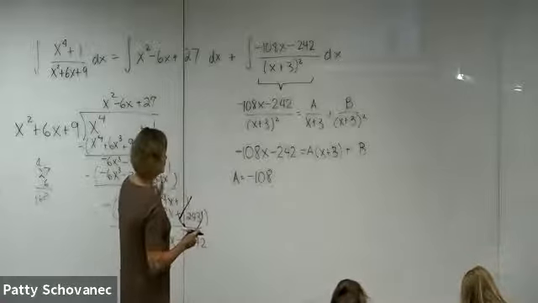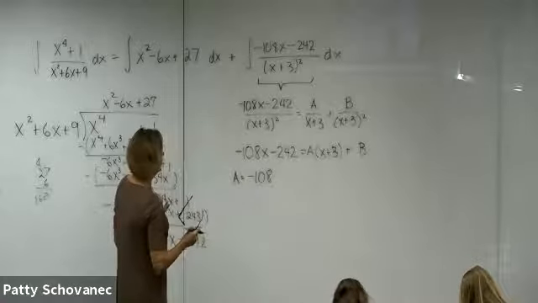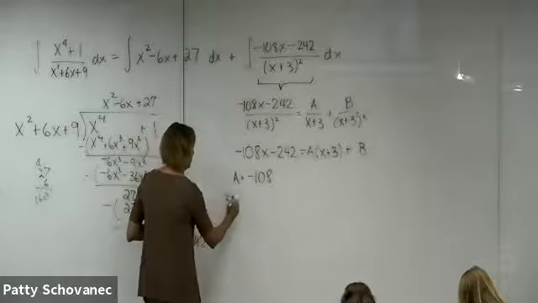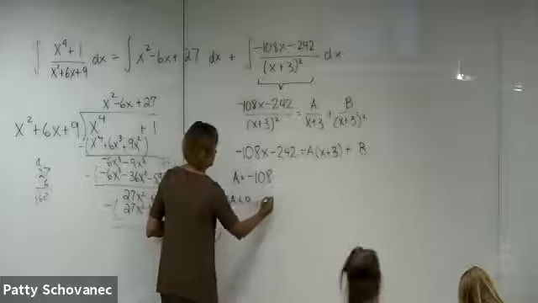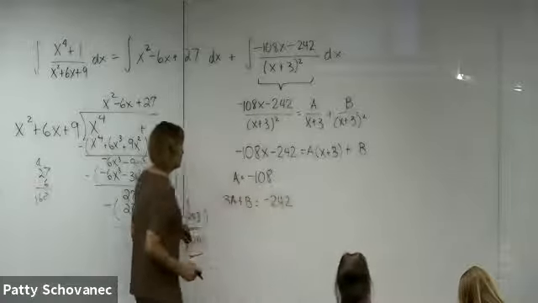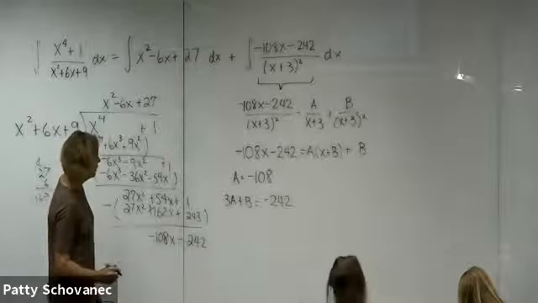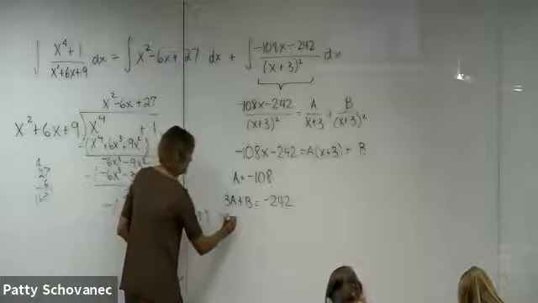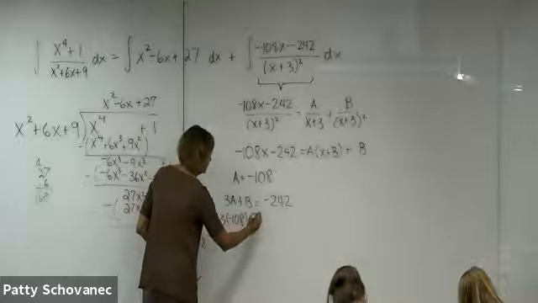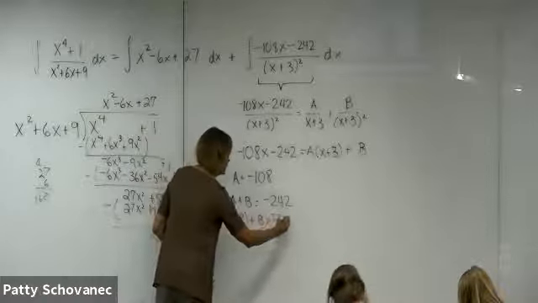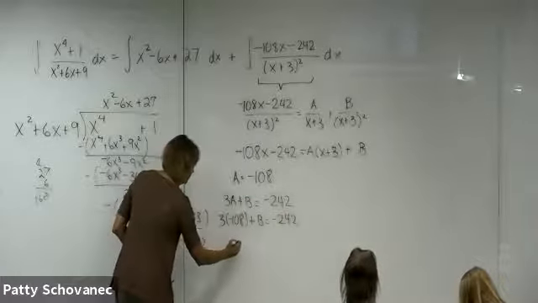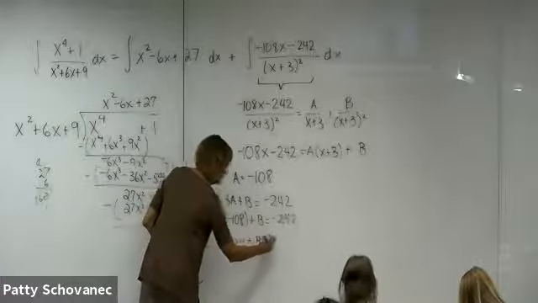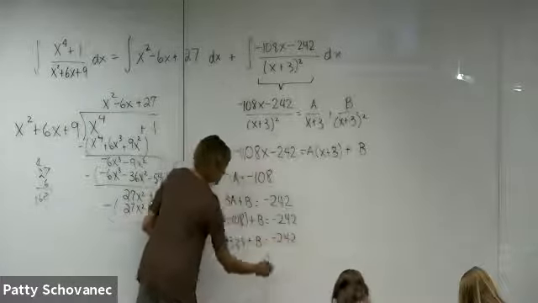Then our two constant terms, I'm going to have 3A plus B is negative 242. Now let's substitute in our value of A. So 3 times negative 108 plus B is negative 242. So that's negative 324 plus B is negative 242.